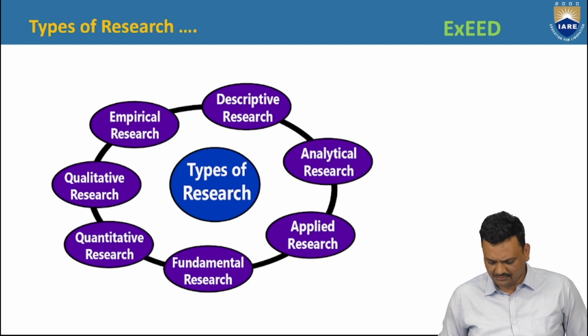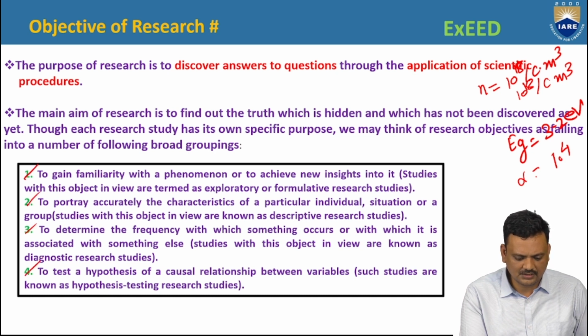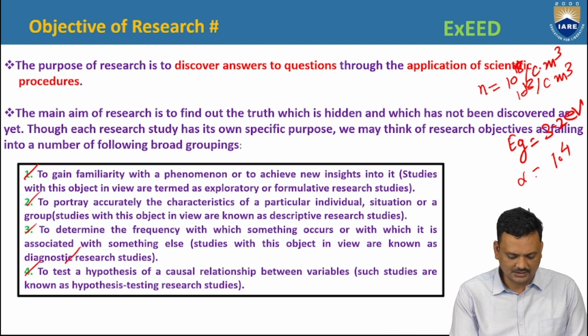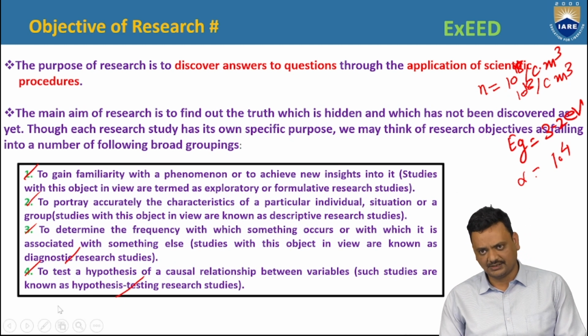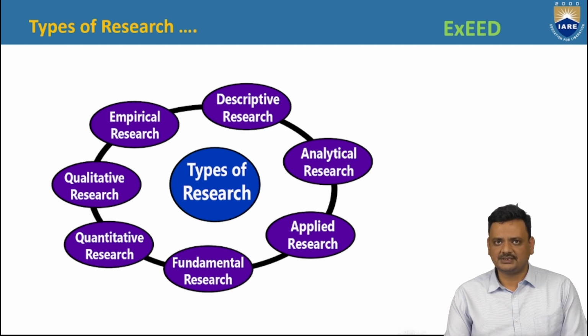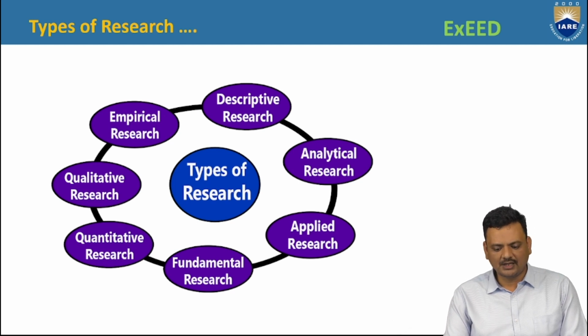Now, further, all these four research objectives, this is first, this is second, third, and fourth: exploratory or formulative research study, descriptive research study, diagnostic research study, and hypothesis testing research study, can be performed with the help of these types of research: descriptive, analytical, applied, fundamental, quantitative, qualitative, and empirical research.